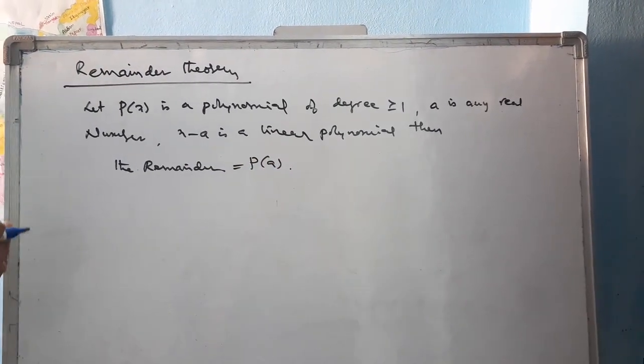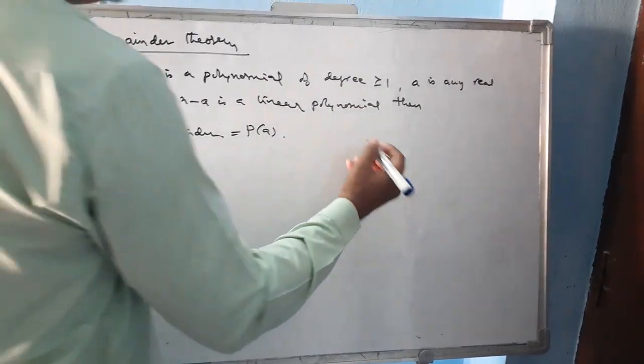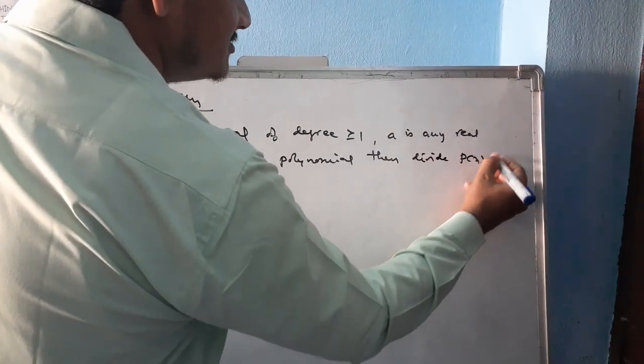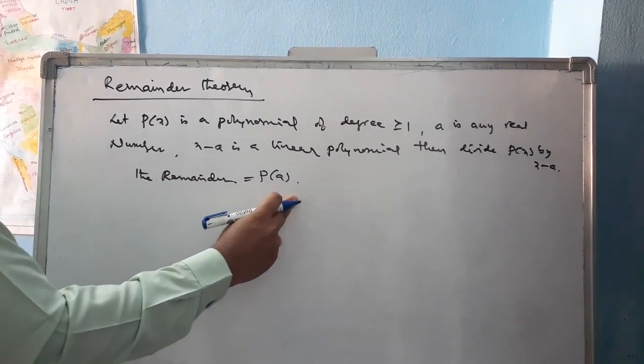This is known as the remainder theorem. When we divide p of x by x minus a, the remainder is p of a.